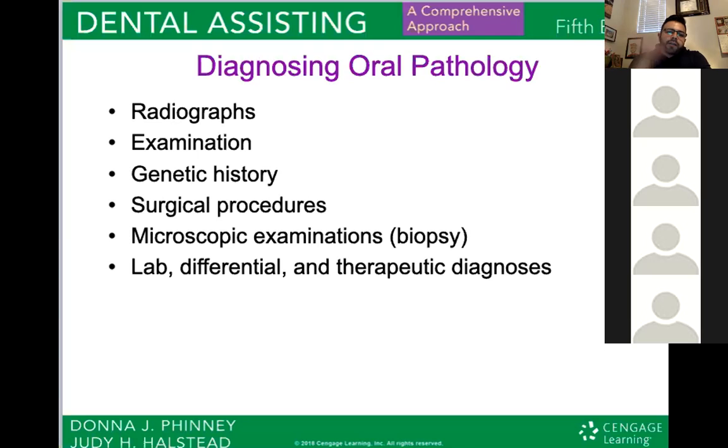The dentist often examines radiographs and does a physical examination of the area of concern when a patient comes in. The patient's genetic and medical histories are reviewed to determine if there is a risk for a specific type of disease based on past medical conditions or family predisposition. So that's why they ask you about medical histories and whether certain family members have certain diseases.